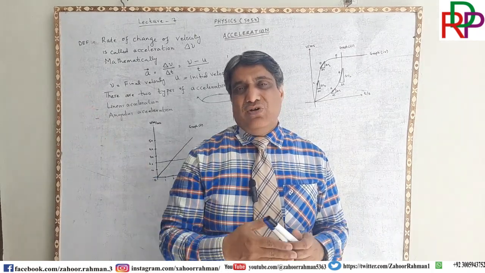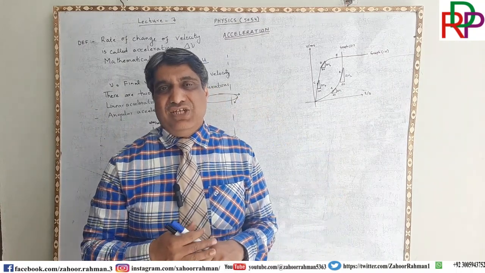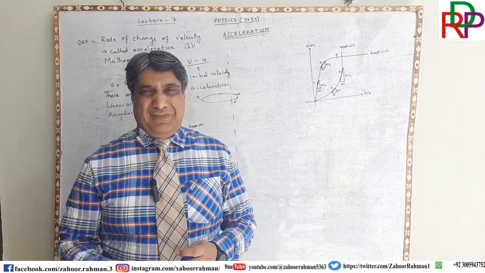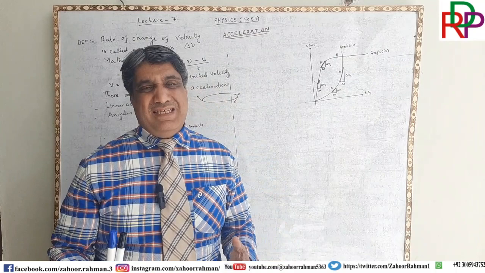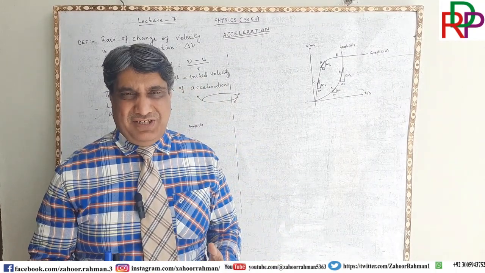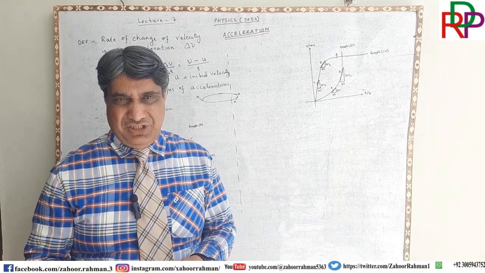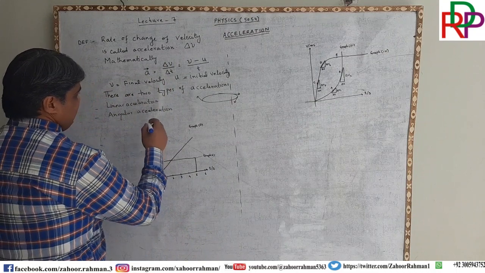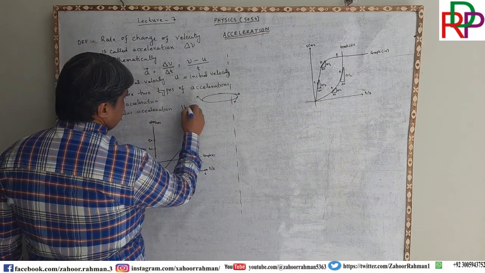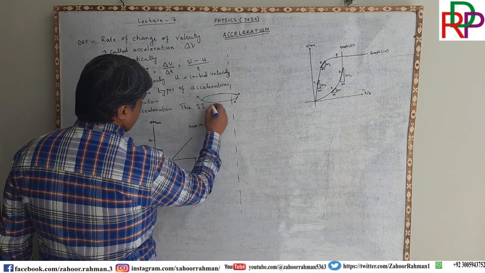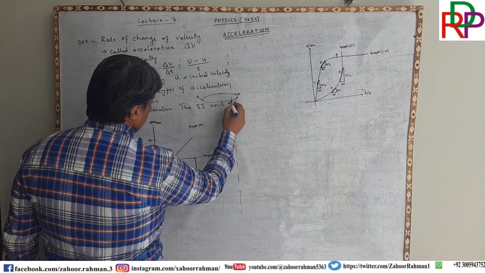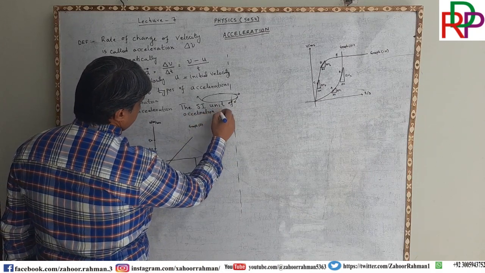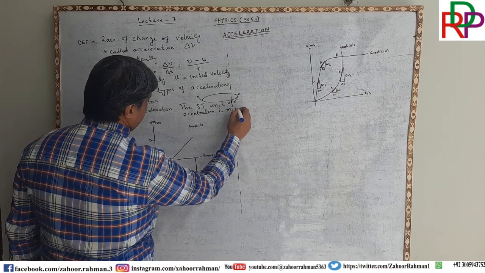If the velocity is decreasing, it is called retardation or negative acceleration. Ladies and gentlemen, the SI unit of acceleration is meter per second square.